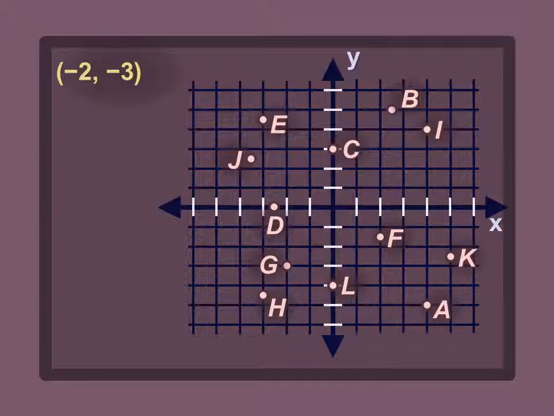We get point G. Four, comma, 4. So 4 is the horizontal. And then the second 4 would be the vertical. And we get point I.